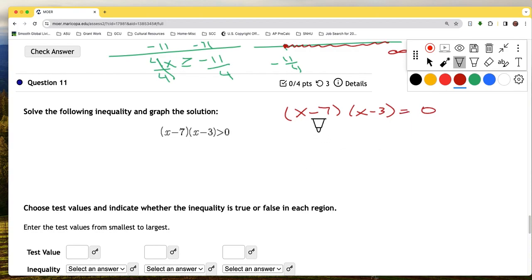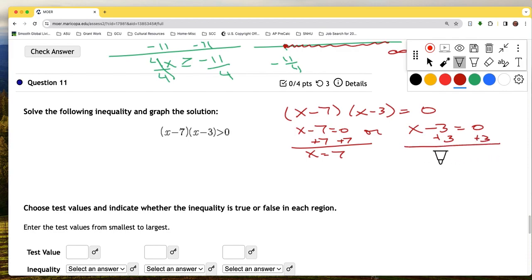That's when x minus 7 equals 0, or when x minus 3 equals 0. You kind of see it's the opposite, right? If I put a positive 7 here, positive 7 minus 7 is 0. And we do that by solving as well. When x equals positive 7, and here add 3 to both sides, when x equals positive 3, those are the two places we get equal to 0.